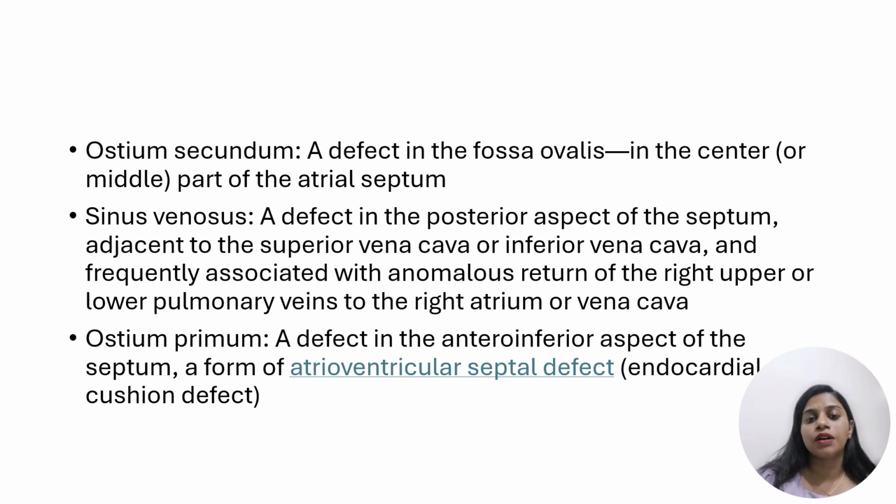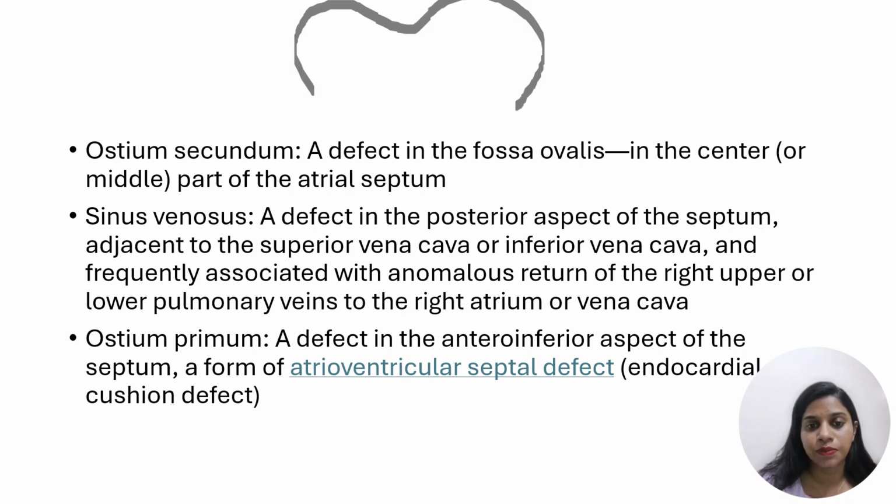The fossa ovalis is the center portion of the interatrial septum. I'll just draw a simple diagram. You can see if this is a right atrium and this is the left atrium, the portion in between is the interatrial septum, right?